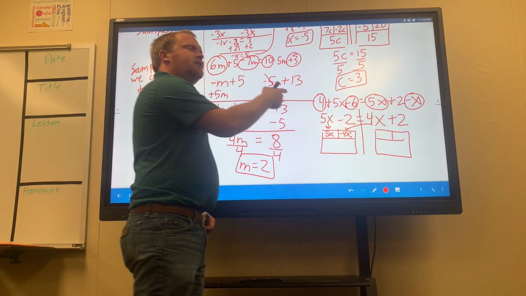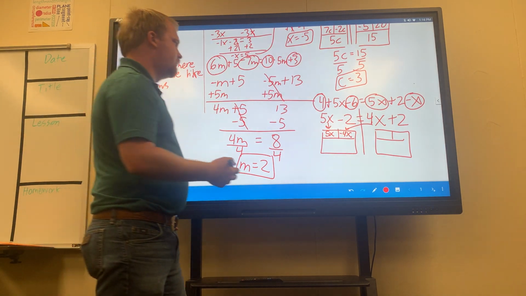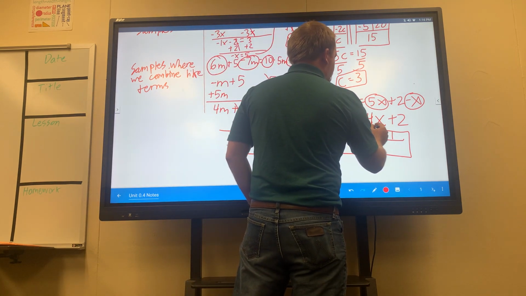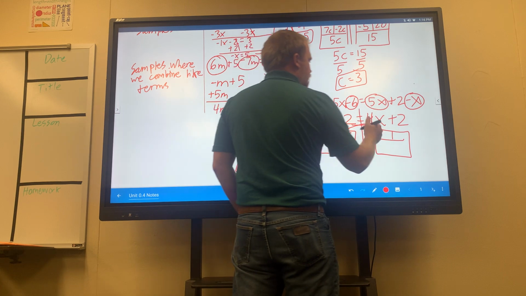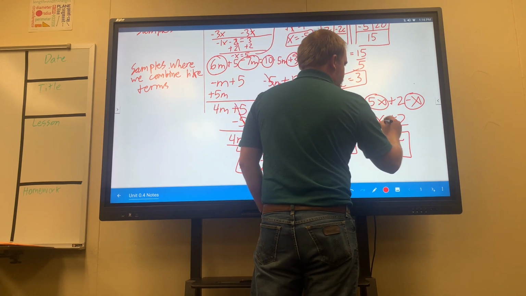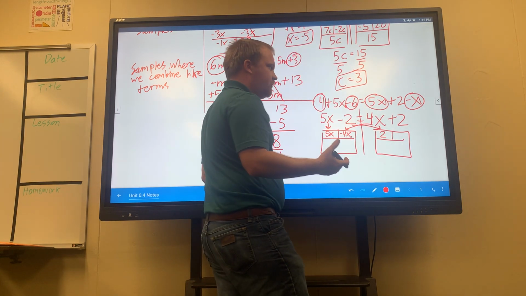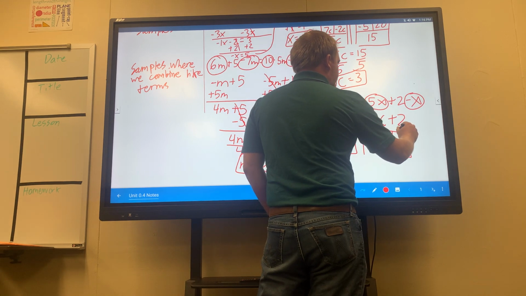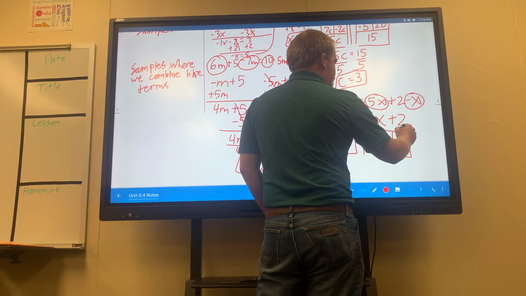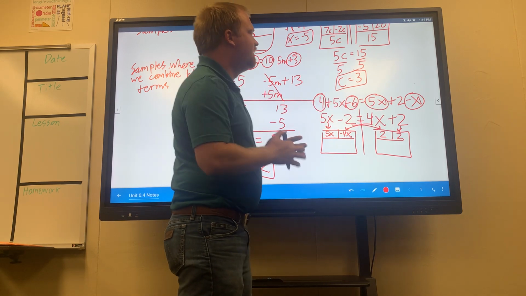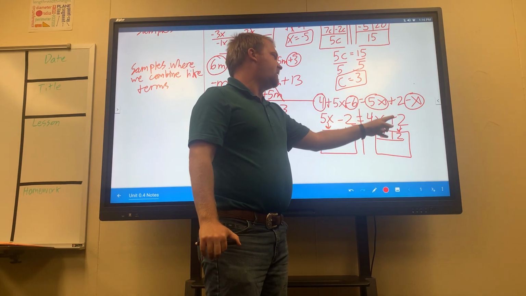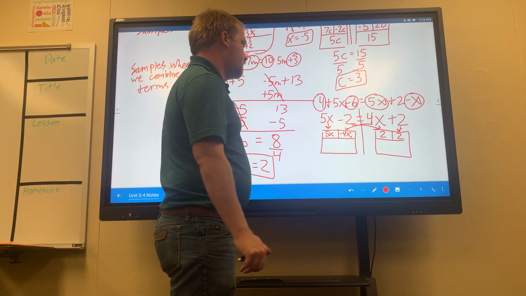So instead of a positive 4x, it becomes negative. Now, I'm going to cross this negative 2, but since it's crossing the line, I'm changing the sign, which makes it positive 2. I'm trying to put all my constants on the right side, so I bring that 2 over here.